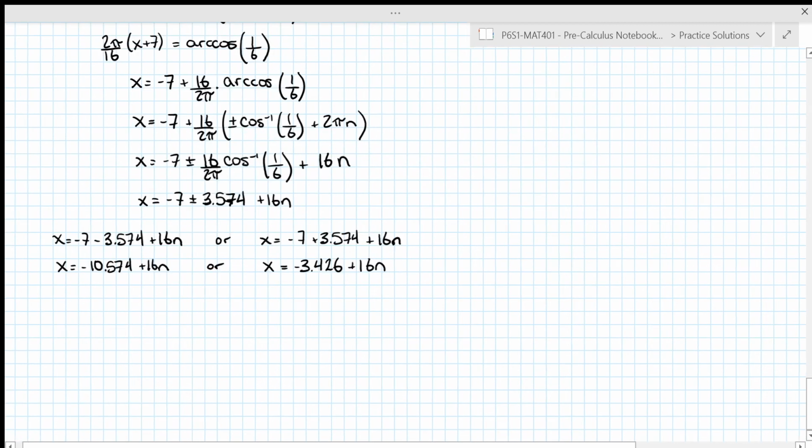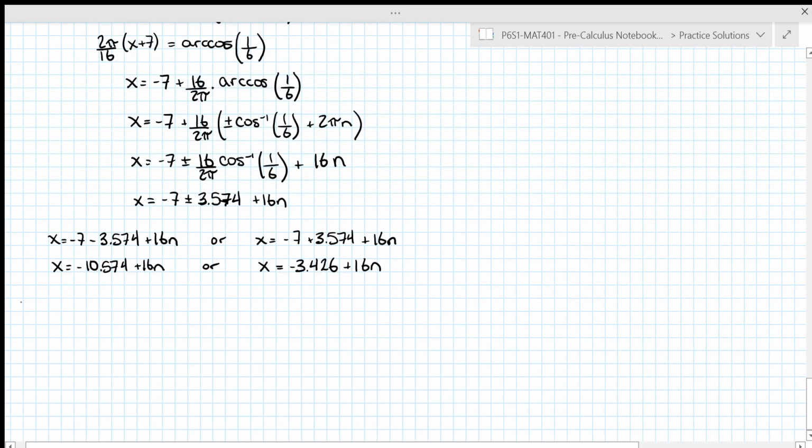And to find the particular solutions, I'd want to make a little table of like n is 0, n is 1. Right, the zeros are the easy ones. I got x is -10.574, or x is -3.426. And then n is -1.